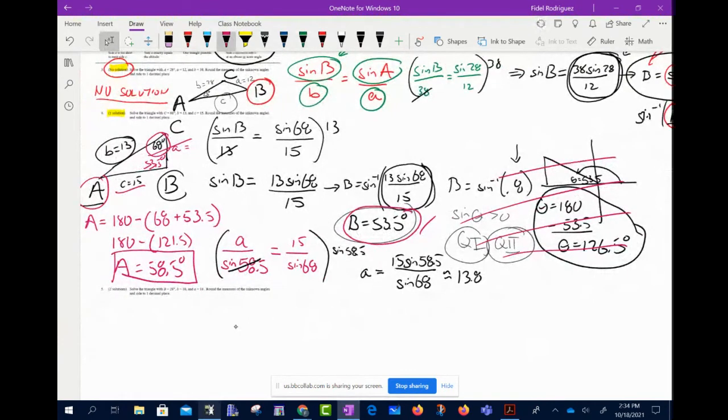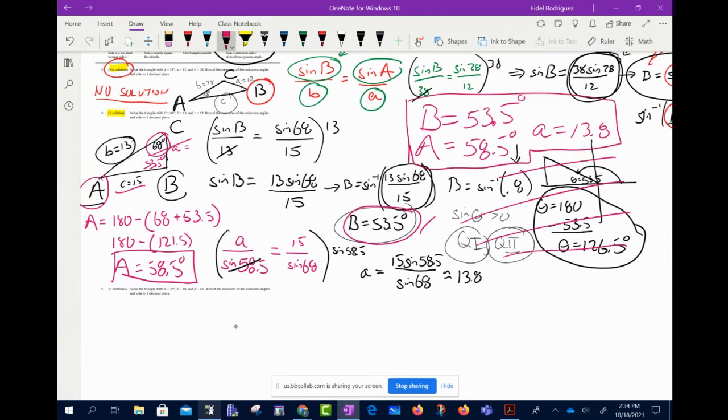And when we're solving this triangle, y'all, what I'm going to say now is, look, we found angle B to be 53.5 degrees, right? We found angle A to be 58.5 degrees. And we found side A to be 13.8. And so again, we solved our triangle, okay?